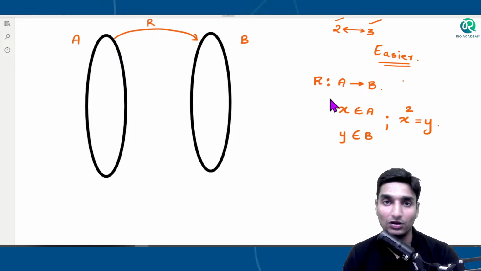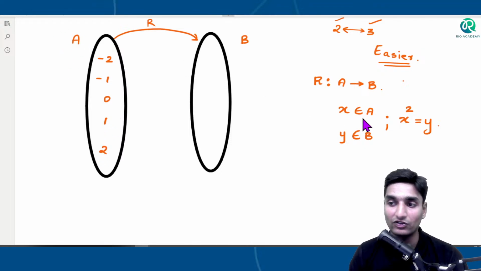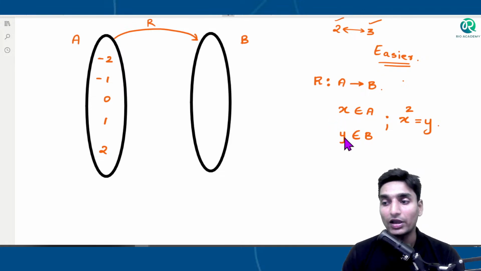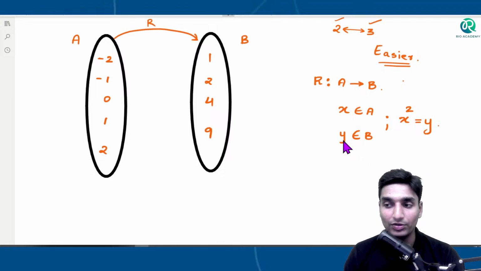Relation R. According to the condition given, X belongs to A. It means that all the elements present in set A are known as X. And Y belongs to B. It means that all the elements given in set B will be known as Y.